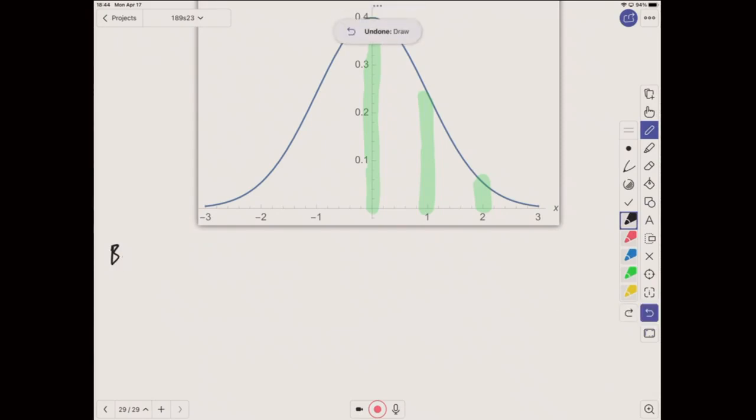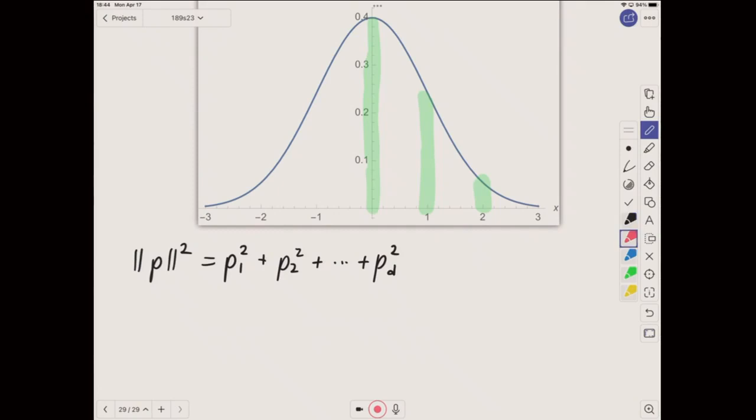By Pythagoras' theorem, the square distance from P to the origin, or the mean, in other words, norm of P squared, is the sum of the squares of all the components. So feature 1 squared plus feature 2 squared plus so on up to feature d squared.